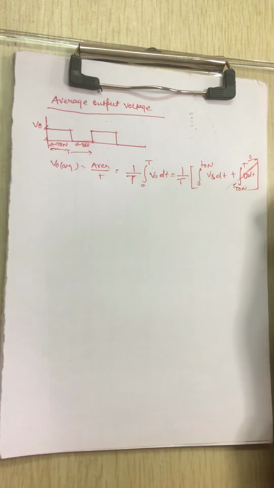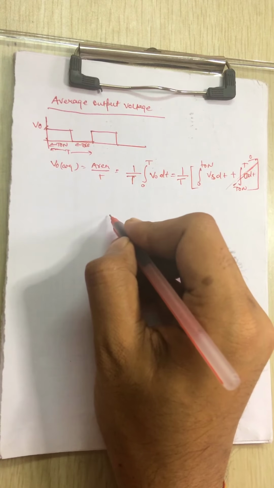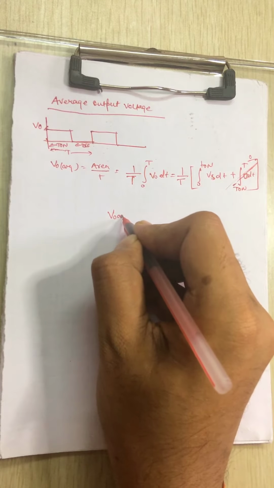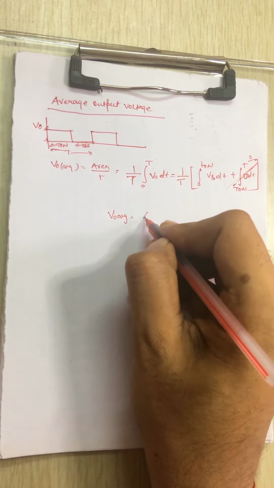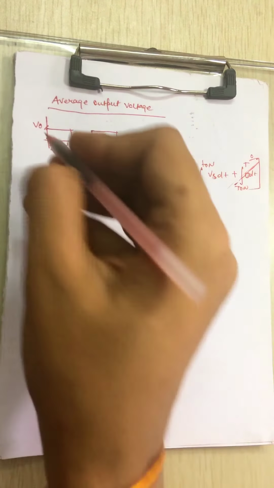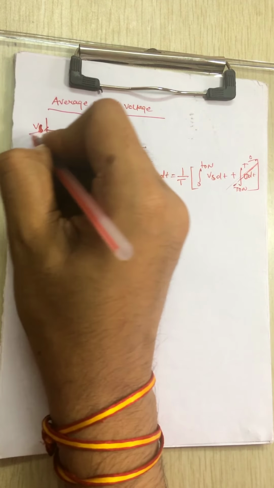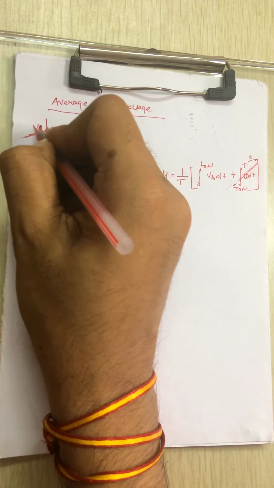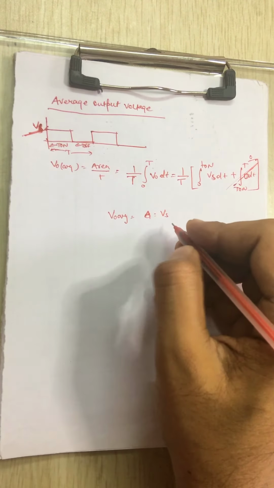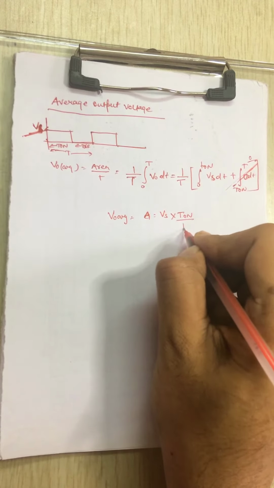So now if you integrate that, you will get V output average as the peak voltage, oh sorry, this is Vs, because this is the duration of the Vs. So Vs into T on by T.